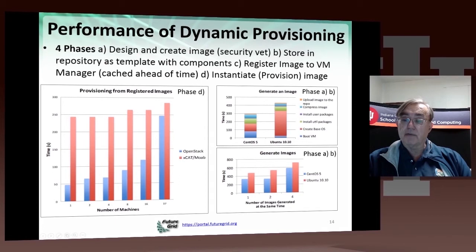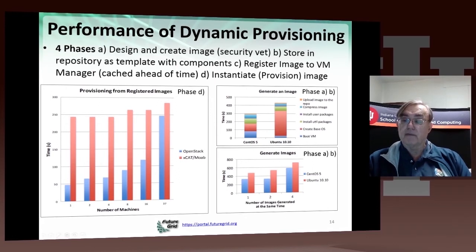On the right, we have the timing for phase A and B, which is actually making the image and uploading it to the repository. On the top right are the various steps involved, and it's done separately for CentOS and Ubuntu. There are actually some significant differences there in the time taken to create the base operating system. That's this red one here.